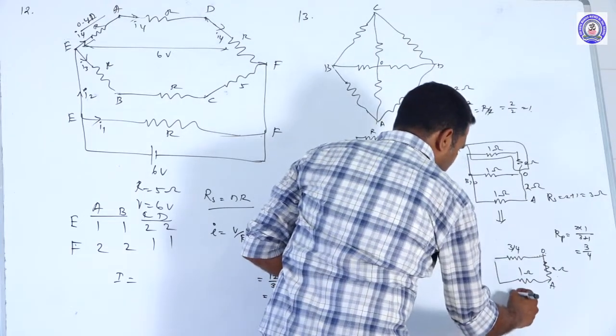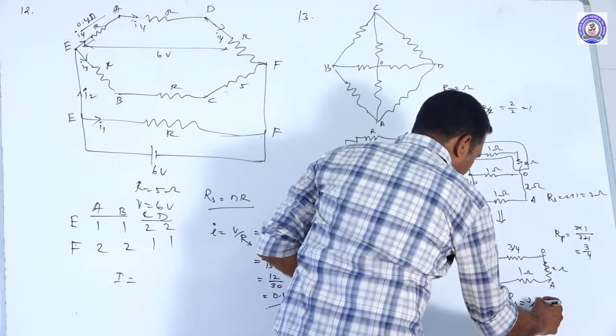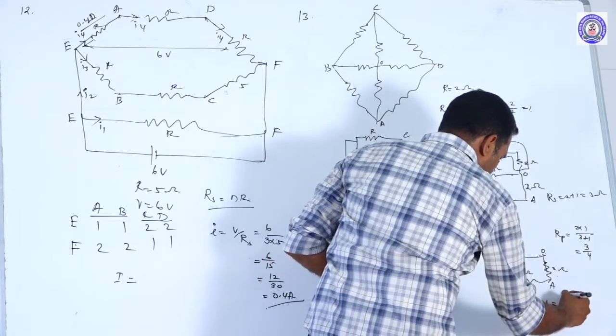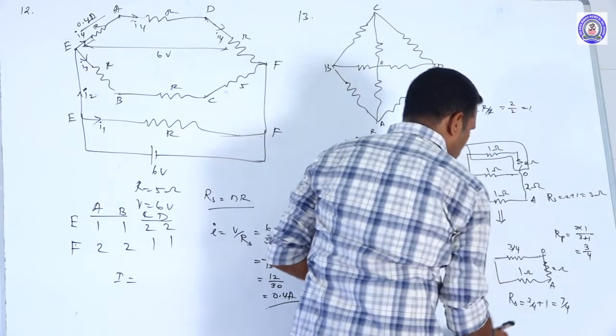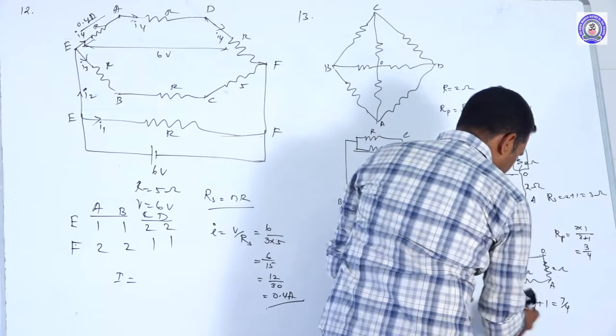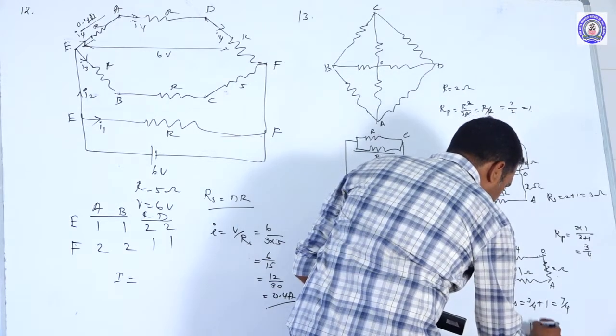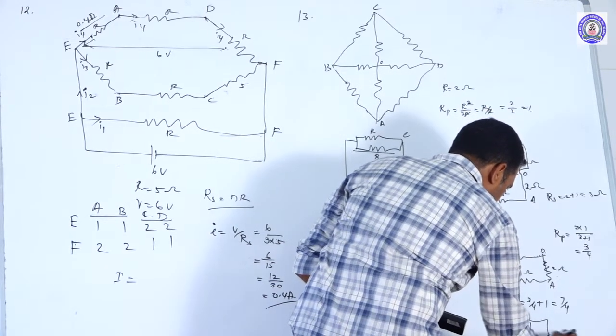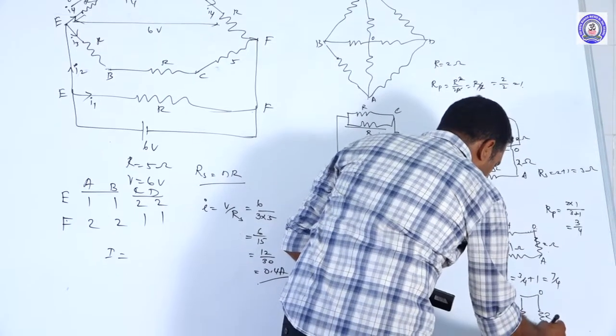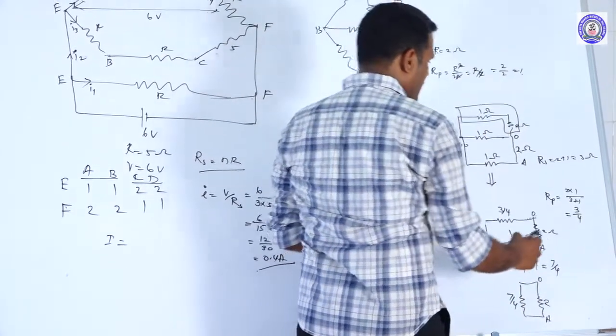3 by 4 and 1 are in series, so R is equal to 3 by 4 plus 1. So it is 7 divided by 4, and 7 by 4 ohm and 2 ohm are in parallel.